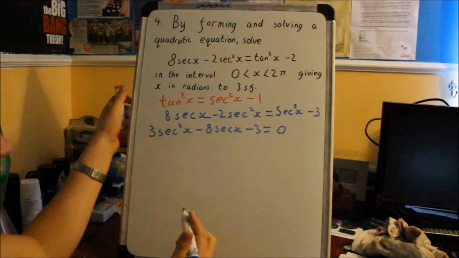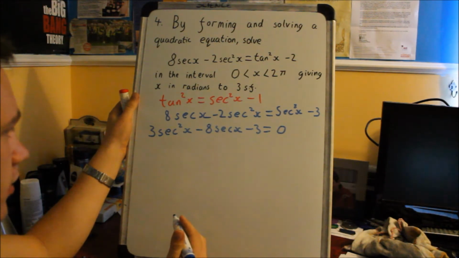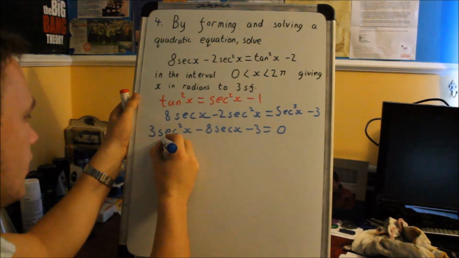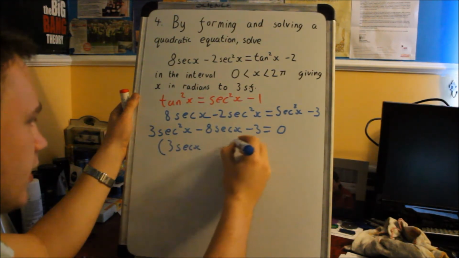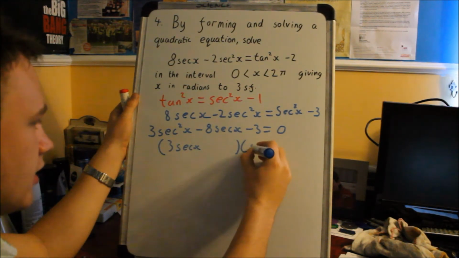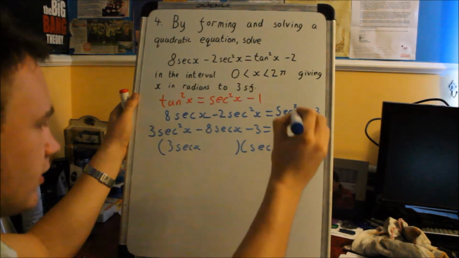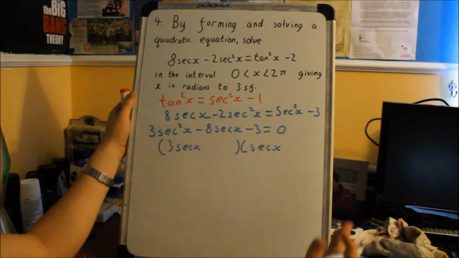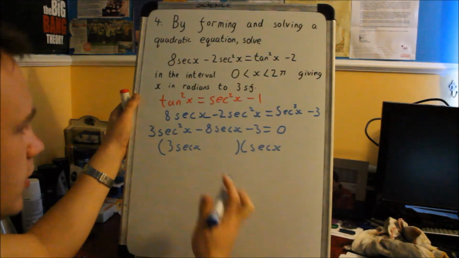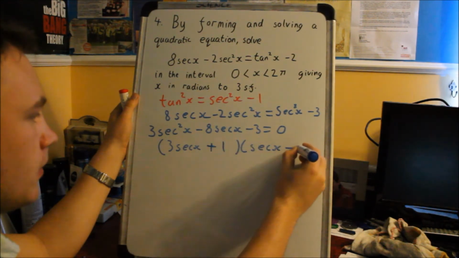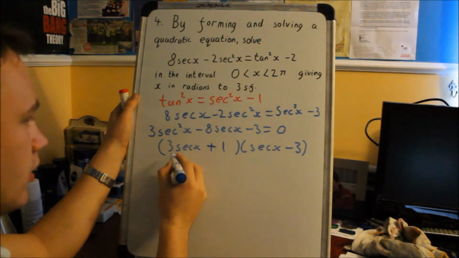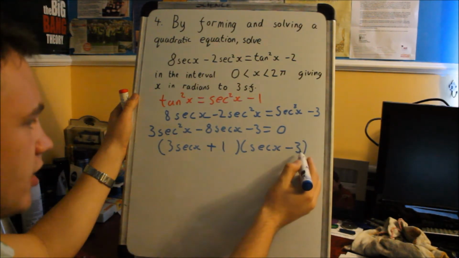At this point I would advise you to factorise it, and sometimes it may well not factorise and you'd have to use the quadratic formula. I think this one factorises. 3 sec x is going to be in one bracket and sec x in the other. That part's obvious. And then you can either have plus 1 and minus 3, or minus 3 and plus 1. I make it plus 1, minus 3, because that makes minus 9 sec x.